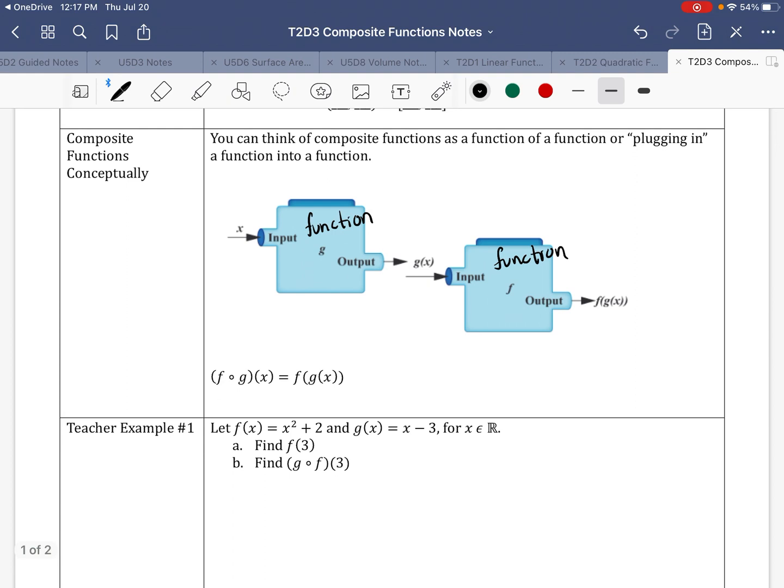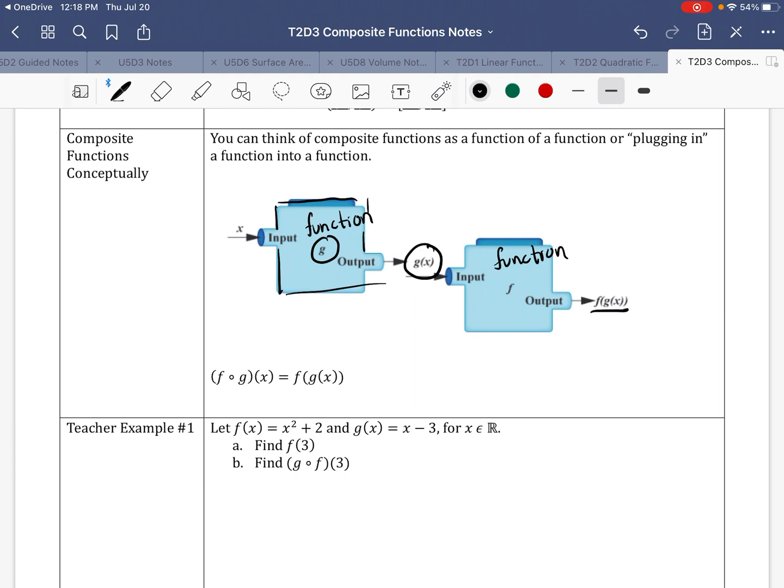Now, when we talk about composing functions, you can think about putting a function into another function. So if you imagine these as our function boxes, right? We have some x that we're inputting into function g, and then whatever we get out, we would call g of x, right? Whatever the value becomes once you put it through the function g. And then you're going to put that output as the input into our next function, function f.